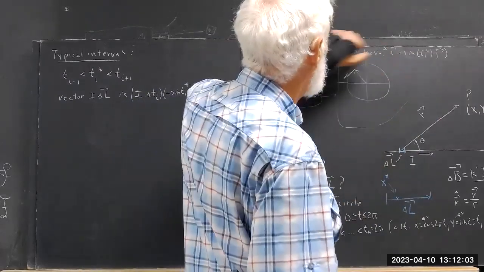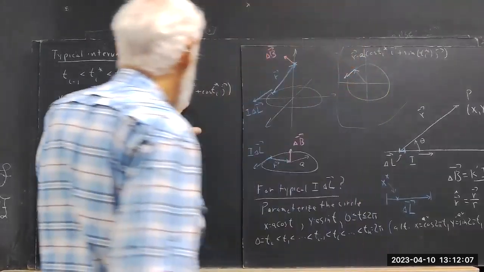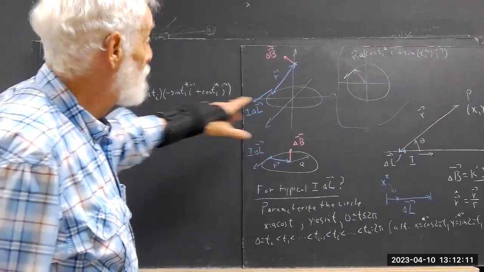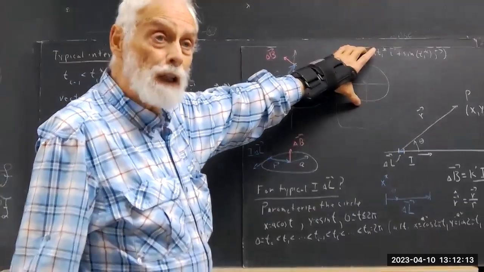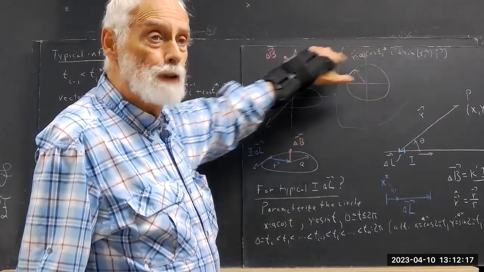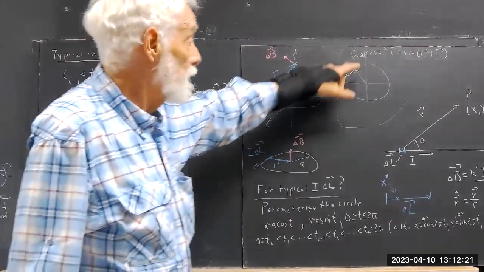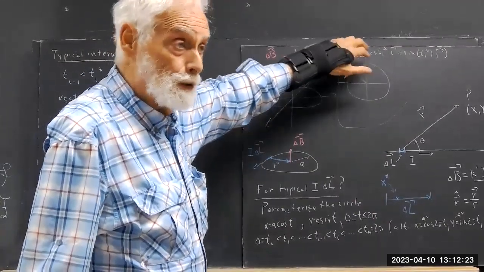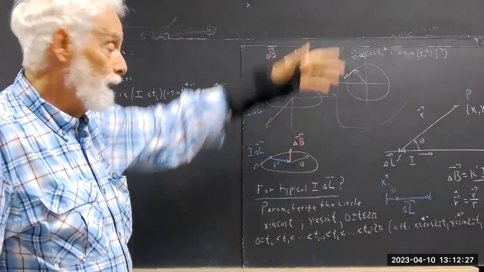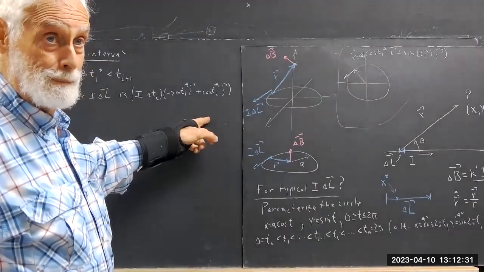If you're going counterclockwise, then you have to make the sign in front of the i vector negative. So you can reason it out this way just by negative reciprocal. But in a more general curve, you're going to have to take the derivative of this vector and make a unit vector out of it. You take the derivative of that, and then you divide by the magnitude, which is a. This is what you get.